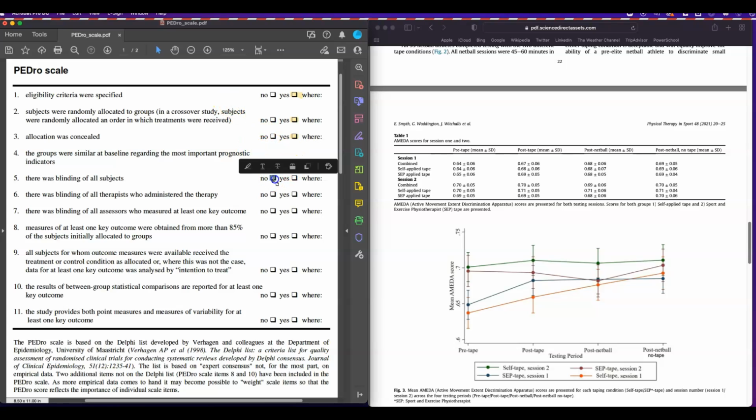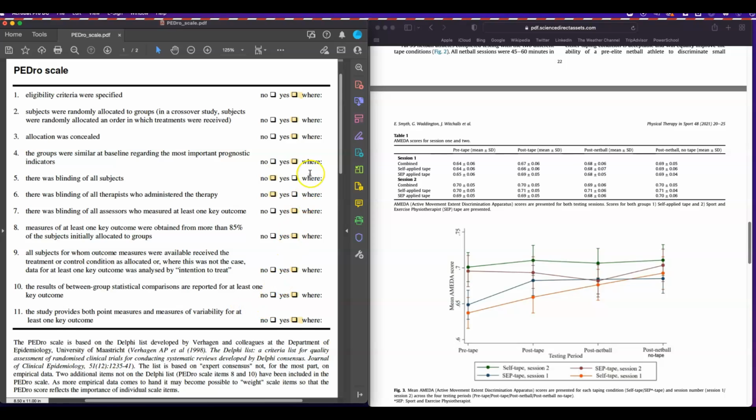The subjects were not blinded, so that was a no. The person taping the patients was not blinded, so that was a no. The person taking the outcome measures was absolutely a yes. And then we had a yes for outcome measures being reported for at least 85%. We had a yes that there were no dropouts. And then we had a yes for between group statistical comparisons. And we had a yes that, in fact, the study provided point measures of variability.